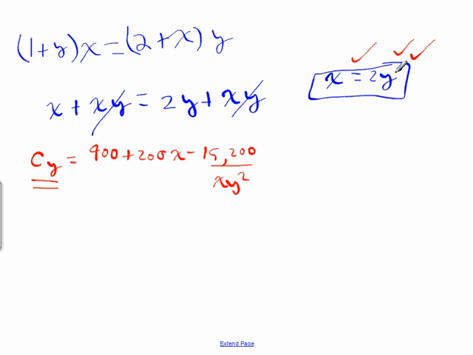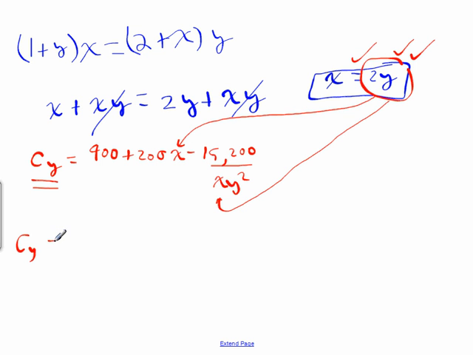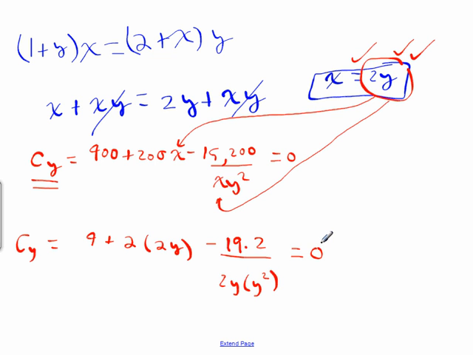Well, now let's put this relationship back into my partial derivative with respect to y. So the fact that x equals 2y, we can put there and there. And let's divide every term by 100. So we get 4 plus 2 times 2y minus 19.2 over 2y times y squared equals 0.